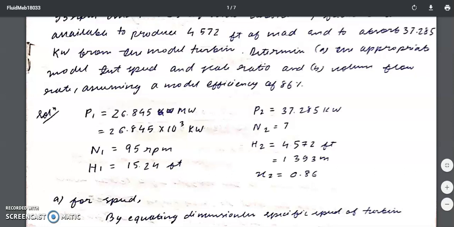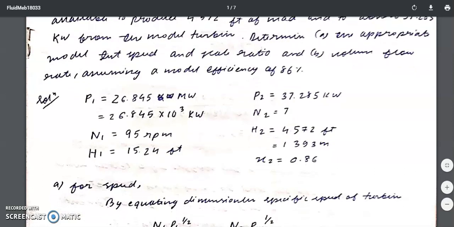So the right side is the model data that is given. The power is 37.285 kilowatt, and the RPM is not given, and we have to find the RPM, and the head is 4572 feet, which is converted into meters.